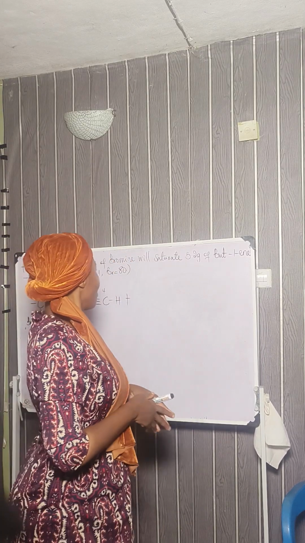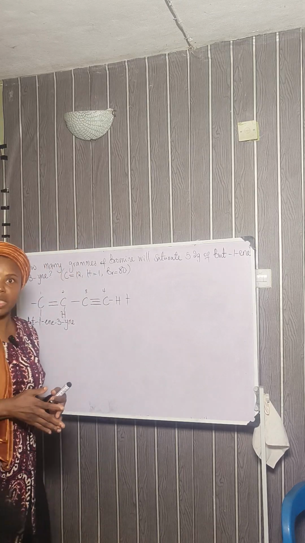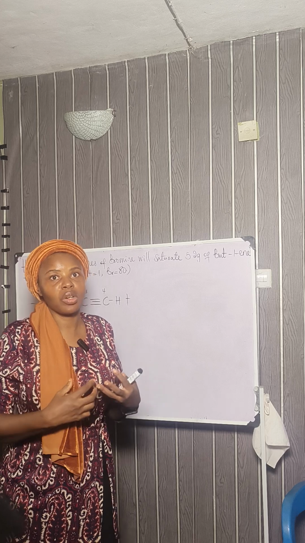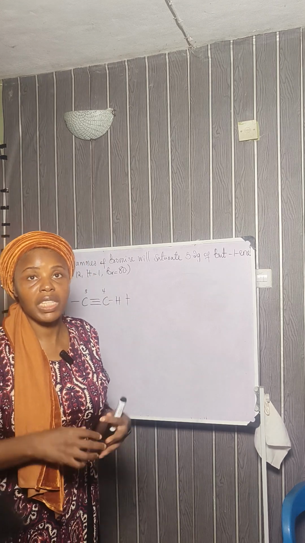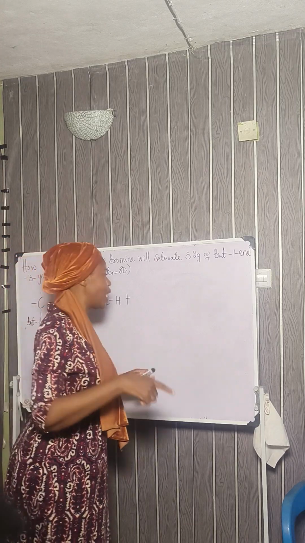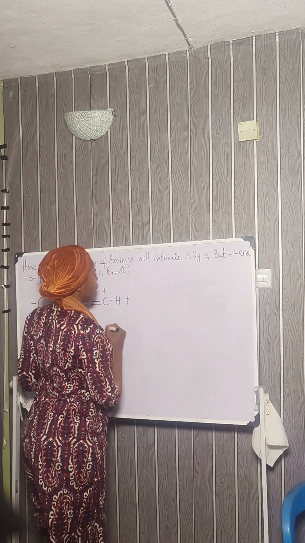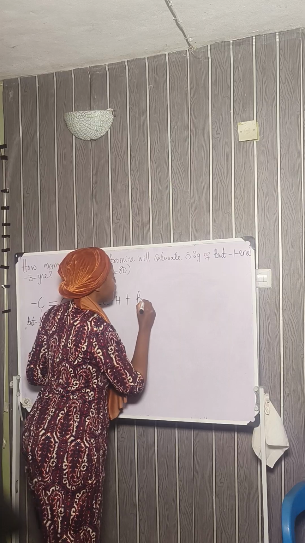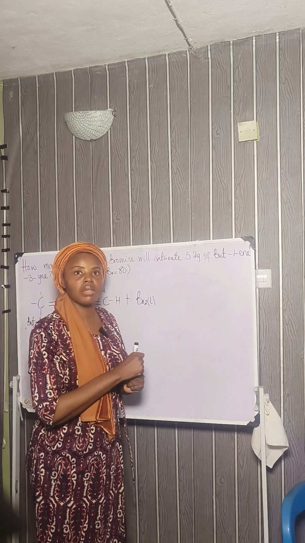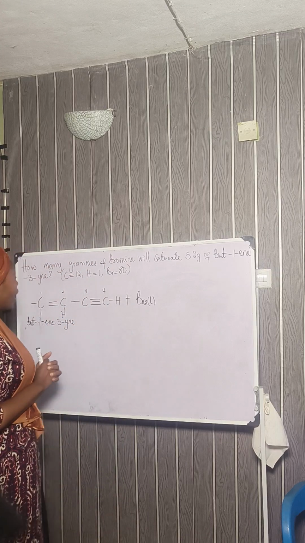Then if you are aiming for the best in JAMB, you don't need to write the state symbols, but you must make sure that the equation of reaction is balanced. Whether WAEC or any other exam you're writing in chemistry, it must be balanced. So having said that, bromine is in group 7, so it is diatomic, and bromine is the only liquid non-metal. So this is what I have.